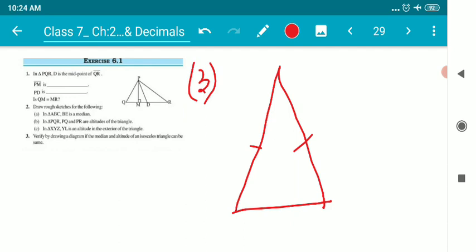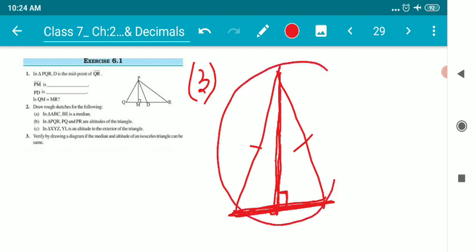If I draw one altitude forming exactly 90 degree, that altitude is also the median of this triangle because it falls at 90 degree exactly at the midpoint of this side. So this altitude is not only an altitude, it's a median as well in an isosceles triangle.